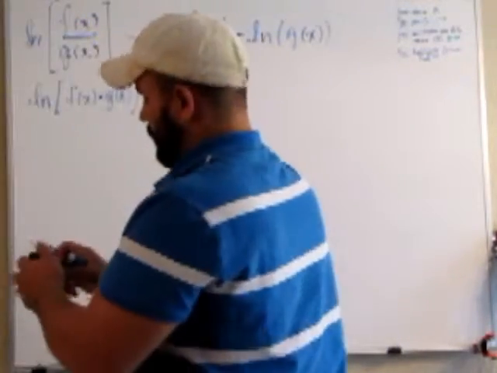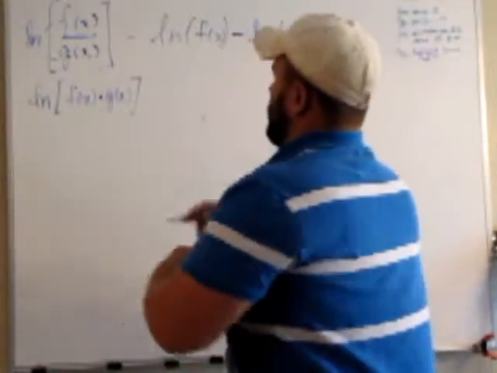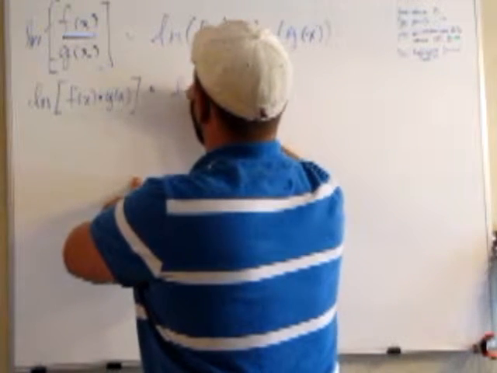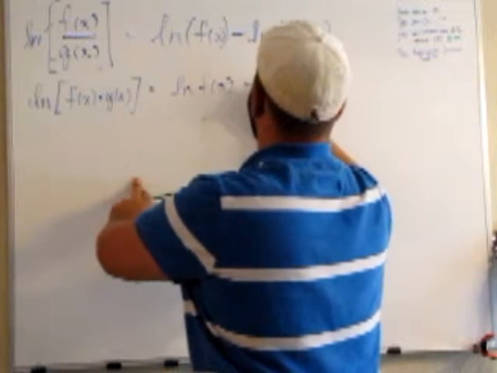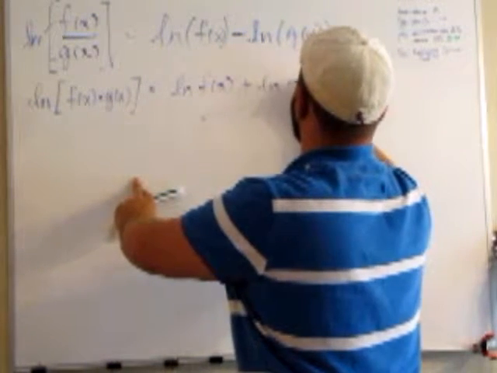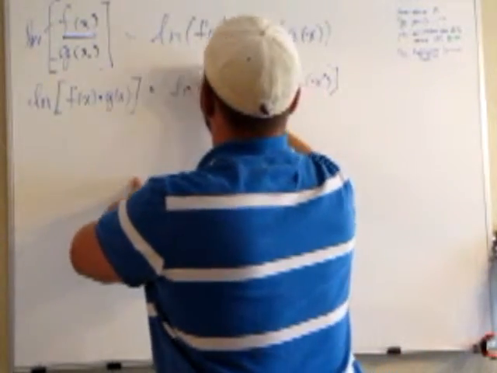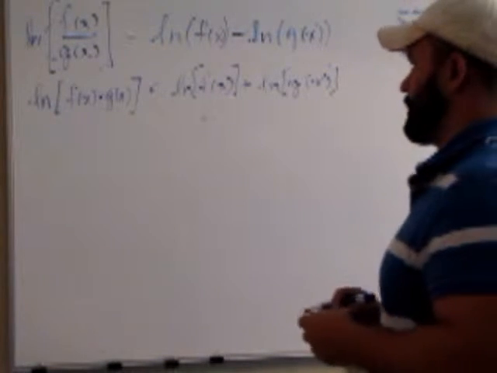It goes to both of them. And then for multiplication, it's the addition. So you have the ln of f of x plus the ln of g of x. So those are two good ones to have in your back pocket.